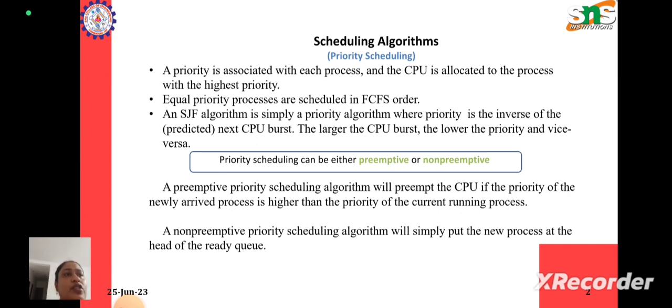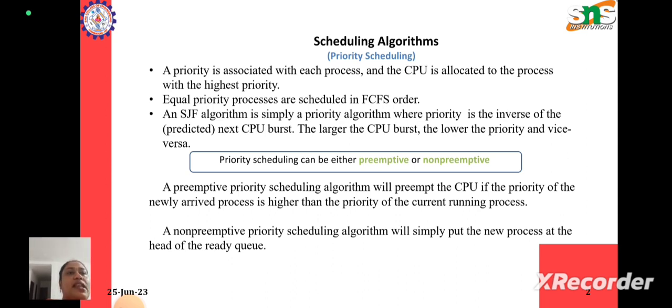So we can say that the predicted next CPU burst is the factor that determines the priority in this scheduling algorithm. What we mean by the priority being the inverse of the predicted next CPU burst is this: when the CPU burst is large, the priority is low, because the process having the shortest CPU burst will be the first one to get the CPU, so that process will have higher priority.